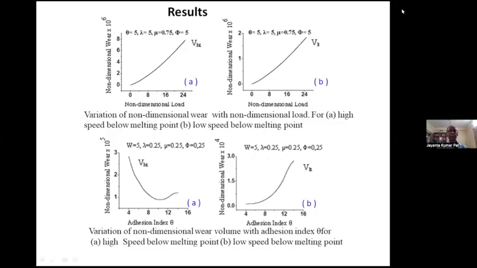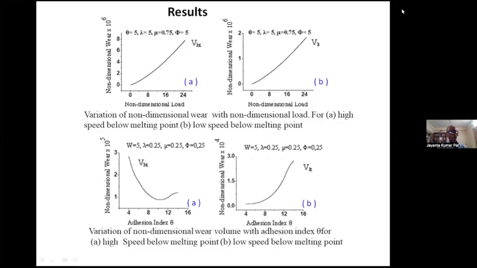And this is true for both high speed below melting and low speed below melting. But if we look at the scale, we may see a small change in the total wear volume for the low speed below melting case.